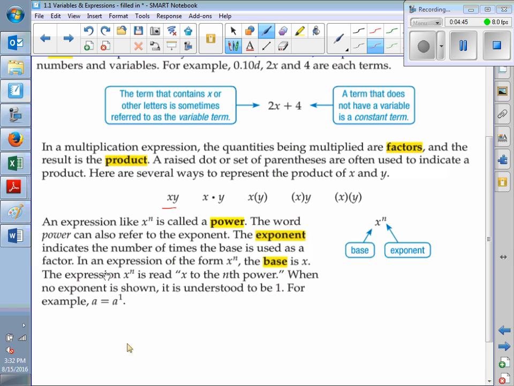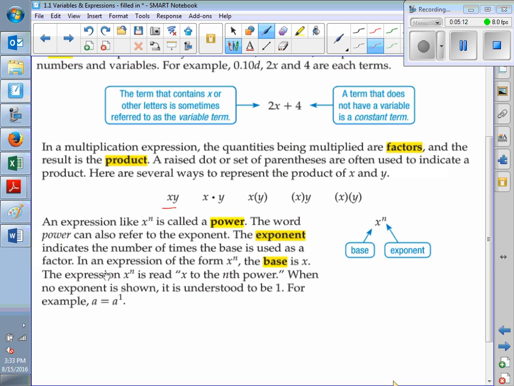Because if I had 2 times 3 and I did it in this first format, what would it look like? 23, right? So you don't put those numbers together like that. You could also use the raised dot to show multiplication, or parentheses. Either one or the other, or both of them.